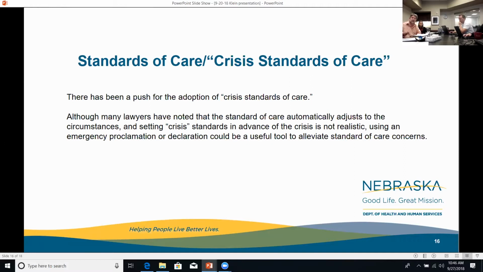So we at DHHS in the Division of Public Health, in one of the amendments to ESF 8 of the State Emergency Operations Plan, for both the public health and the medical side, took it upon ourselves. We wrote in a duty to identify what statutes and regulations may need to be suspended to adequately respond to an emergency. So we've pledged in writing to help out folks in that event.